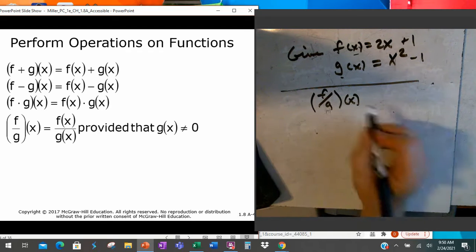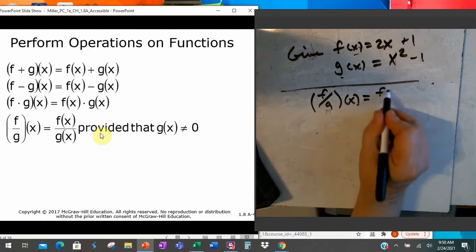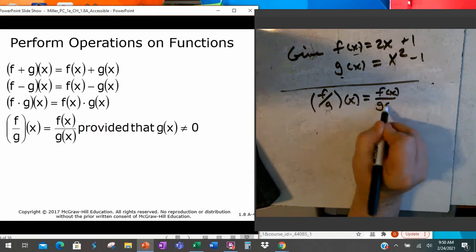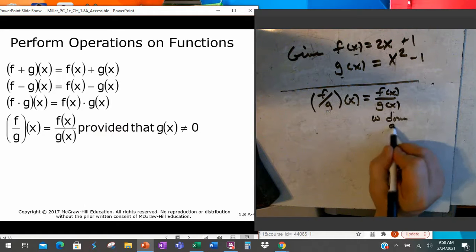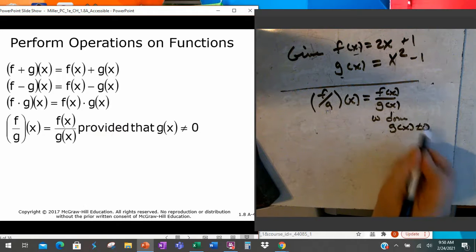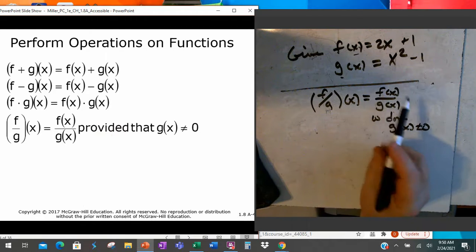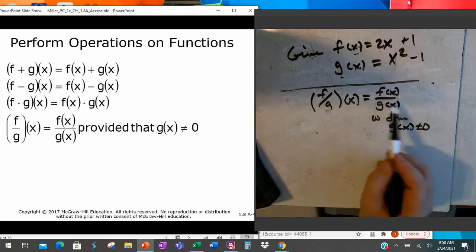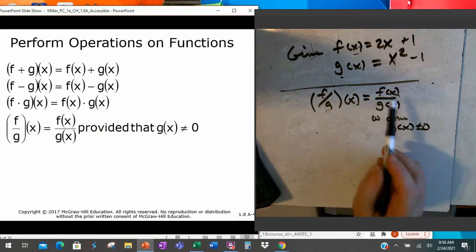And how do we form it? By definition, over here to your left, it is equal to f of x over g of x, with domain g of x not equal to 0. G of x can't be equal to 0 or that results in a division by 0. And we've seen that in the past. We can't do that. That's not defined.